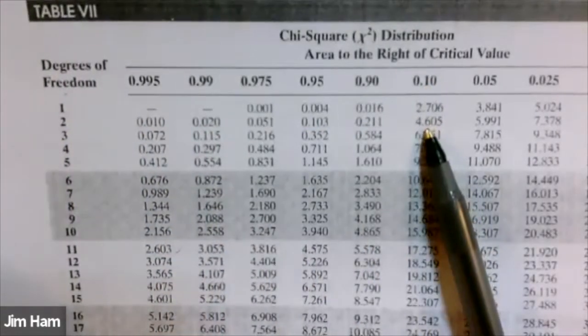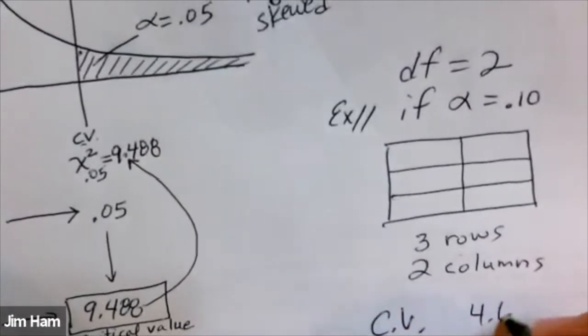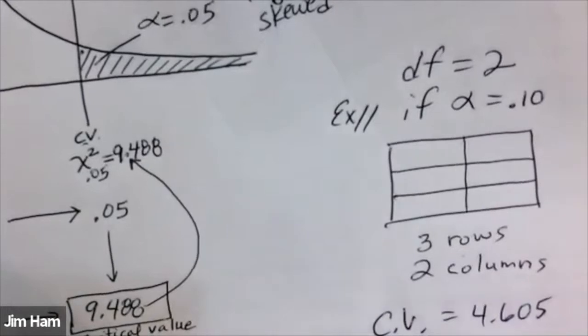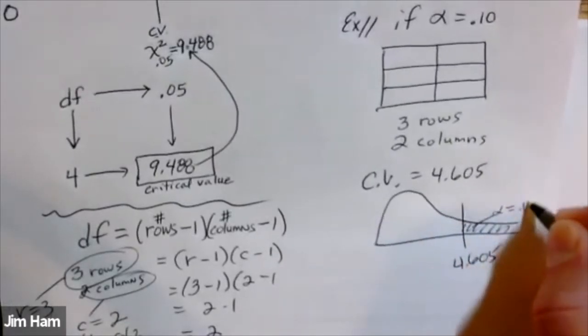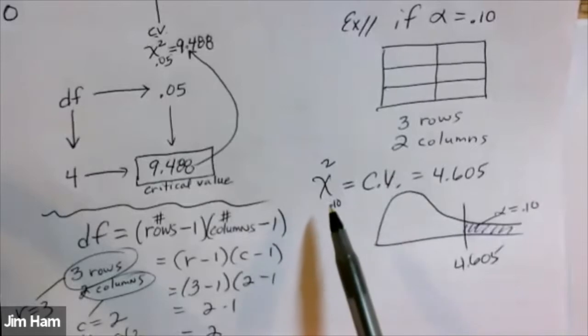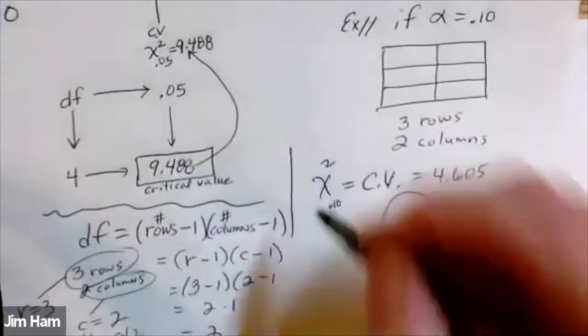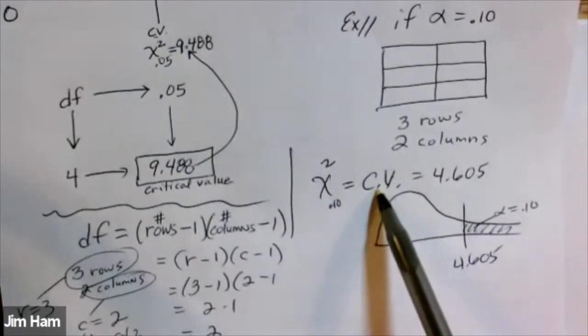So 4.605. Critical value is 4.605. That's what would appear right here. And that's the variable name that we would use in this case. Right area is 0.10, so critical value.